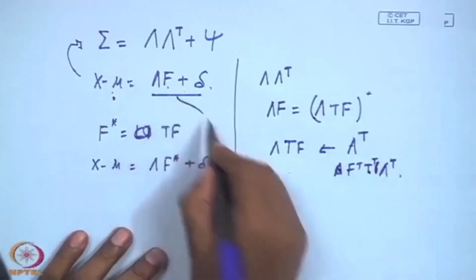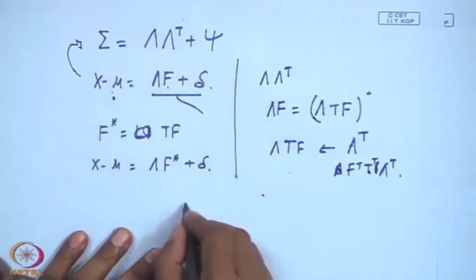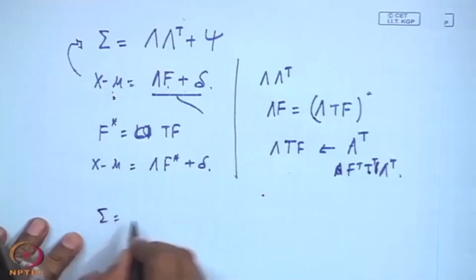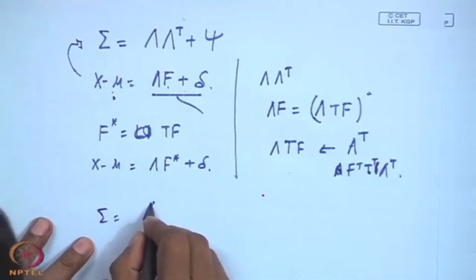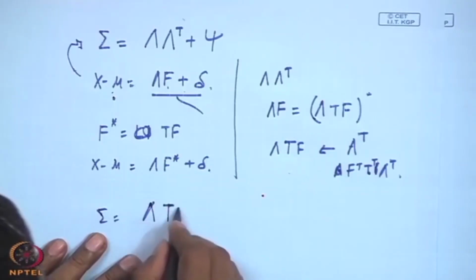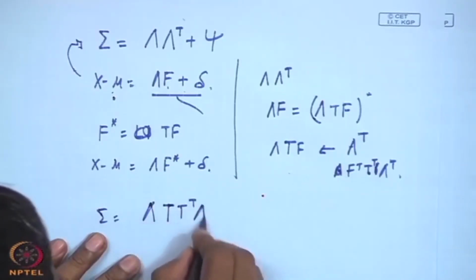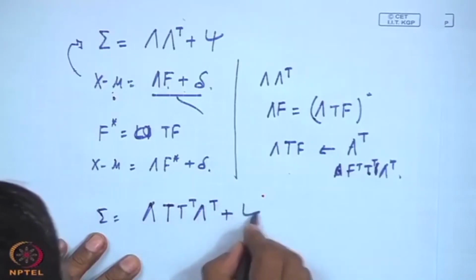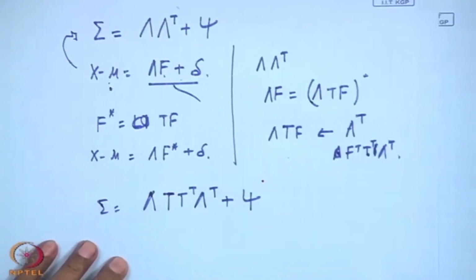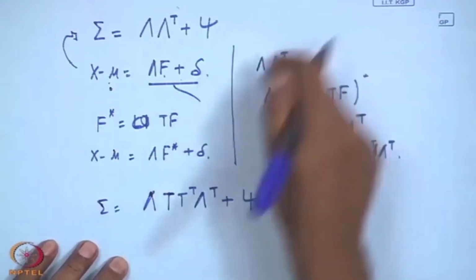The resultant matrix, sigma, will come as lambda t t transpose lambda transpose plus psi. The resultant thing will come like this once you manipulate in this manner.